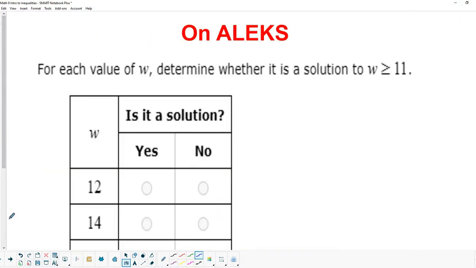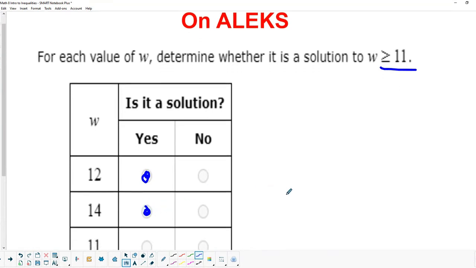Okay, on Alex, it might look like this. On each value of w, determine whether it is a solution to w is greater than or equal to 11. Well, is 12 greater than or equal to 11? Well, of course it is. How about 14? Yes. How about 11?